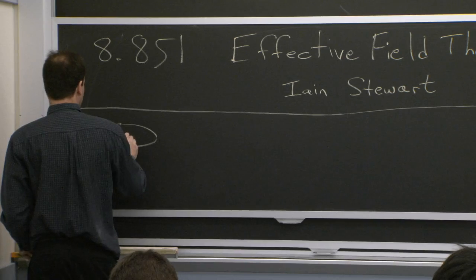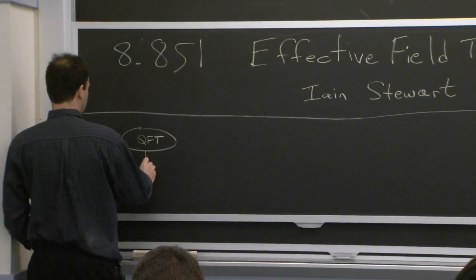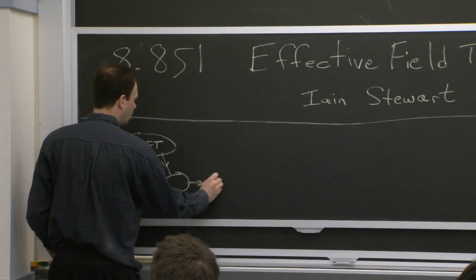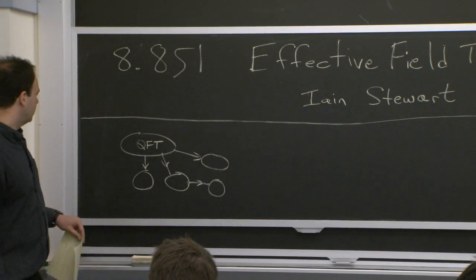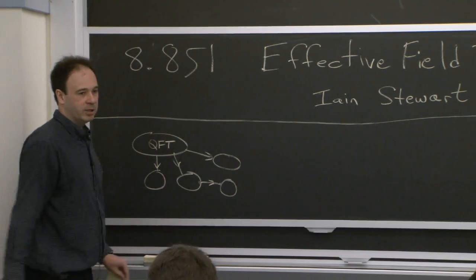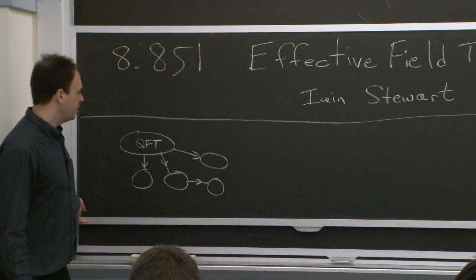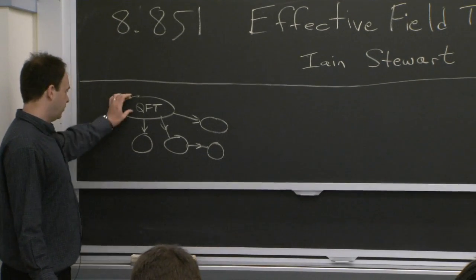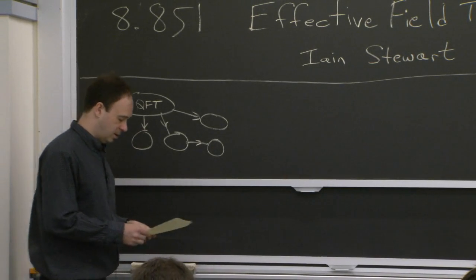If you want to draw it as a blob, we'll be taking quantum field theory and looking for derivatives of it, like this, and figuring out how to take a very general theory, like quantum field theory for the standard model, and finding things that are more specific and, in some ways, more powerful than the original theory we started with. More powerful in the sense of being able to do calculations.